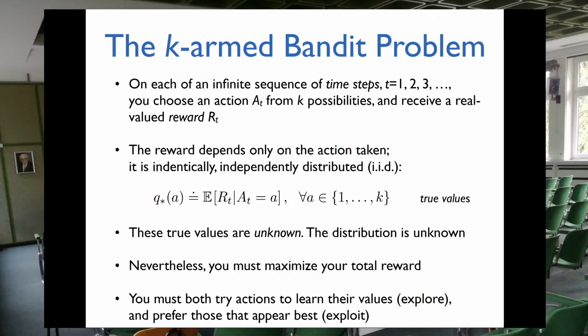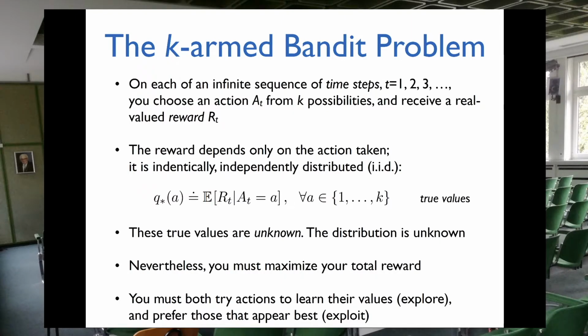So the strategy, a very general strategy, is that you must try two different kinds of actions. You must try actions which are called exploration actions to try to learn what is the distribution behind each of the actions.